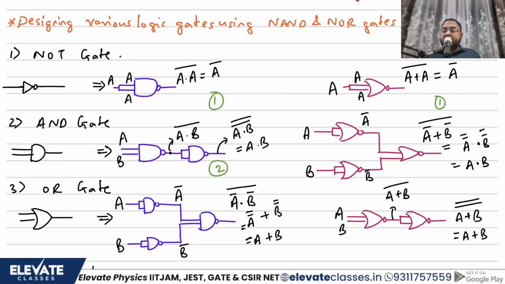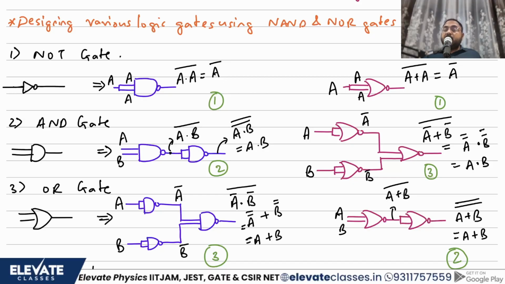And look at an OR gate. Two NOR gates are required to design an OR gate. Now let's come to the other ones. Three NAND gates are required to design an OR gate, and three NOR gates are required to design an AND gate.